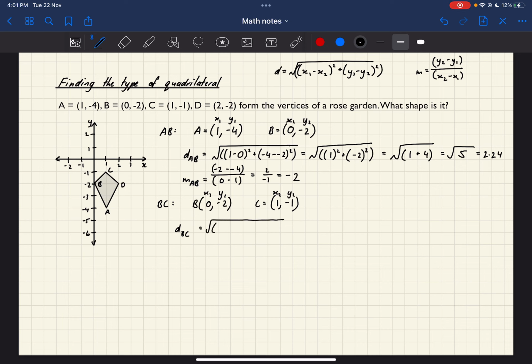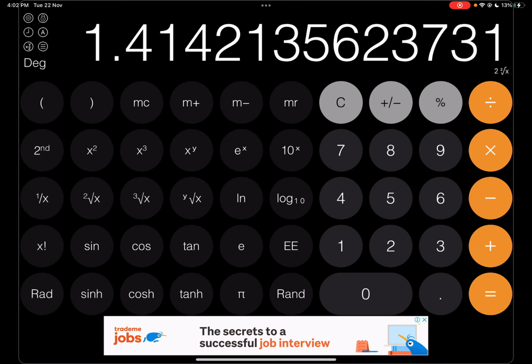So square root of (x1 minus x2) squared plus (y1 minus y2) squared, which gives us -1 squared and -1 squared as well, which gives us, again, square root of 1 plus 1, which gives us square root of 2, which is 1.41.